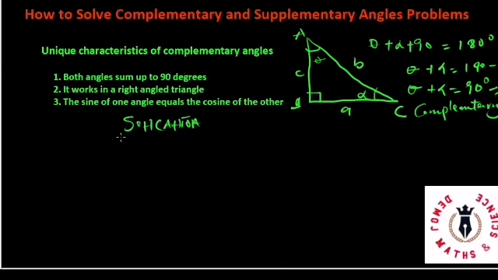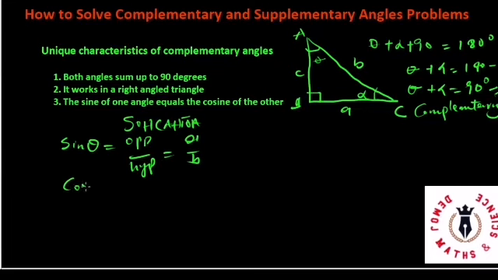you observe that sine theta is equal to opposite over hypotenuse. From this triangle, for theta, my opposite is A, my hypotenuse is what? Is B. So my sine theta is equal to A over B. The same thing happens to my cos theta.